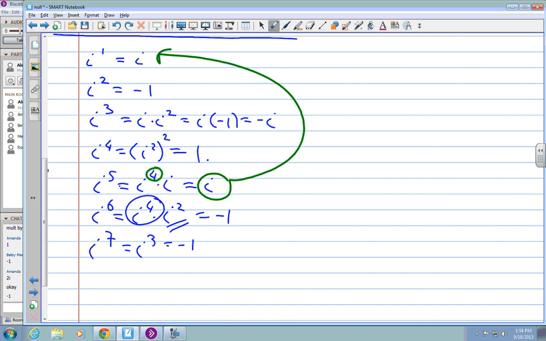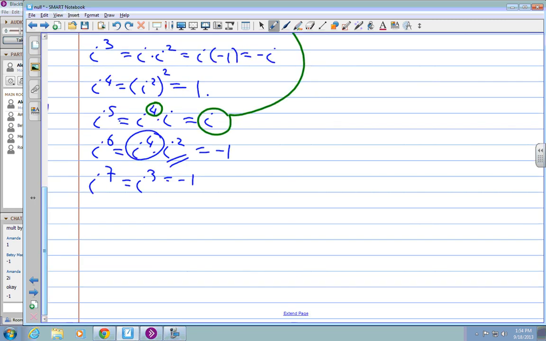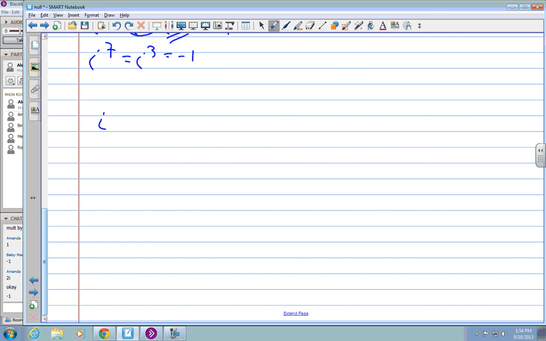Let's say i to the power 71. All you need to do is divide 71 by 4 and see what the remainder is, because the remainder will place you at either 1, 2, 3, or 4. What is the remainder when you divide 71 by 4?